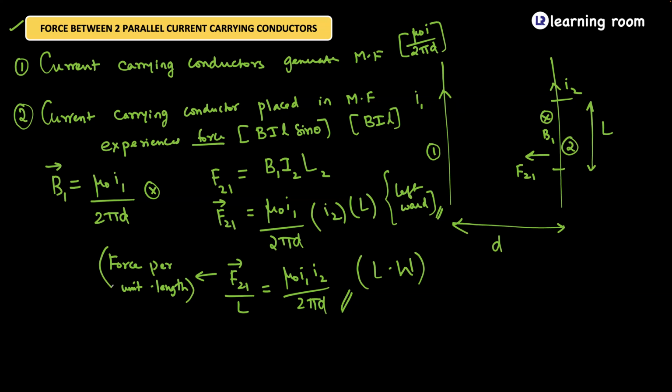Now, all that I need to do is, I calculated this value, mu naught I1 I2 divided by 2 pi D. Now I am exactly going to do the reverse scenario. I'll calculate the value of F12 by L, taking the same length L. Observe what is going to happen.